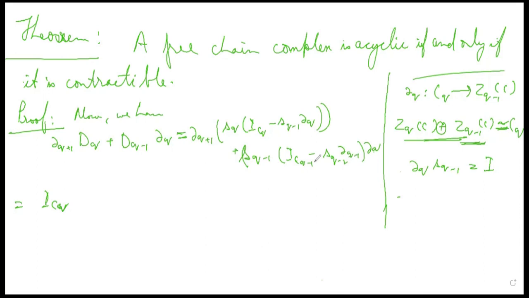So this gives identity, and then this and this will cancel, and now only this term is left.